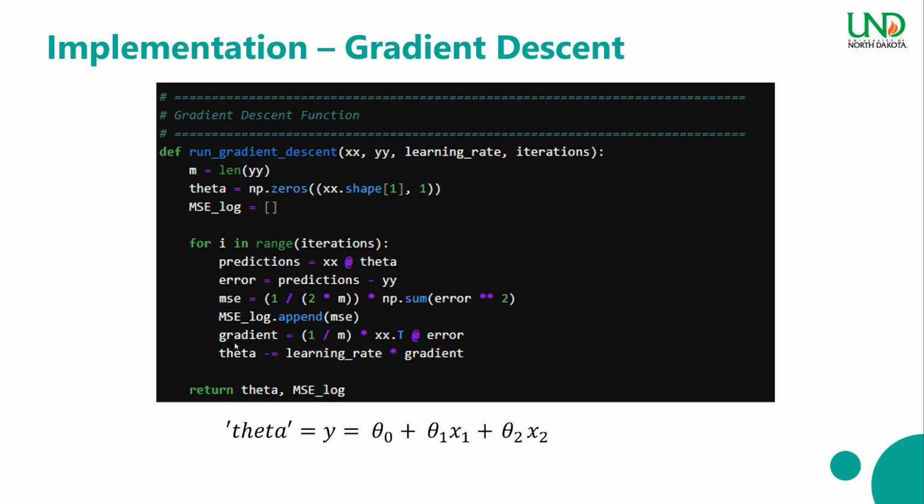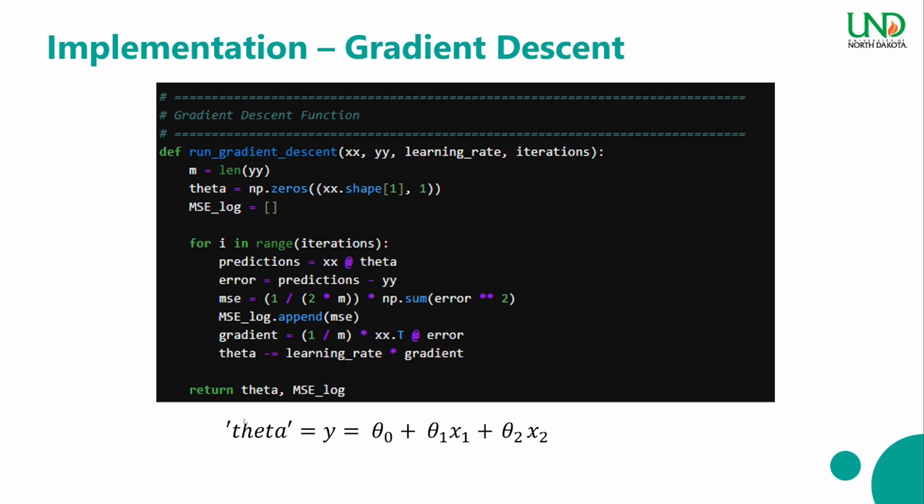And then we figure out what the gradient looks like based on the error, and that's going to tell us which direction we need to step. Eventually we won't be taking steps once our model converges on the answer. So then we multiply the gradient by the learning rate, which is the size of our step, and that updates theta with those values.